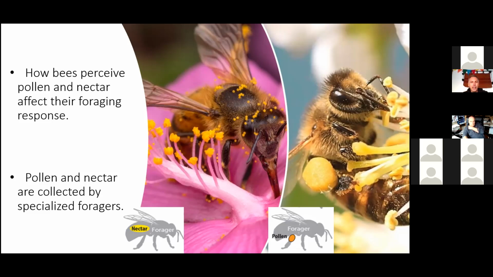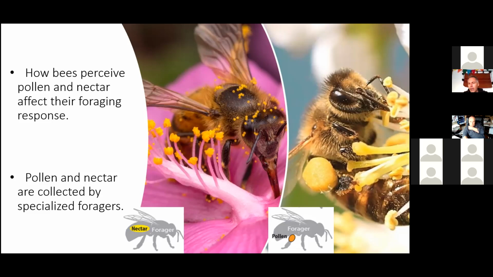Nectar foragers lick liquid food at the flower. They ingest the liquid food and store it in their crop. They can also use sugars in nectar to fuel their activities, their foraging flight, for example.